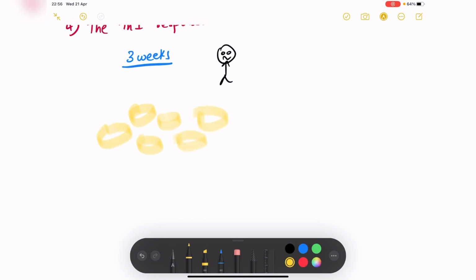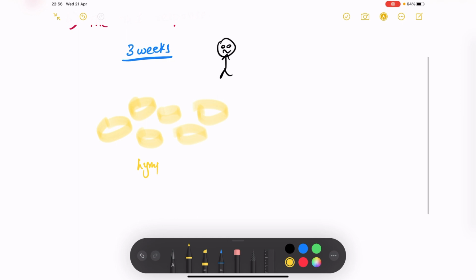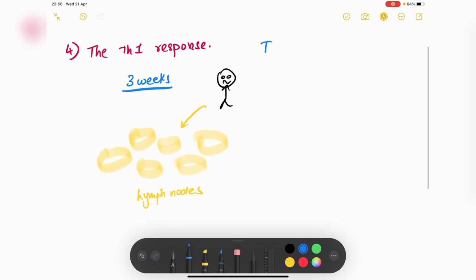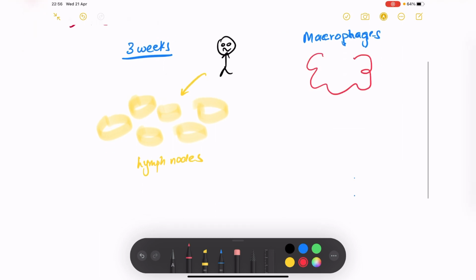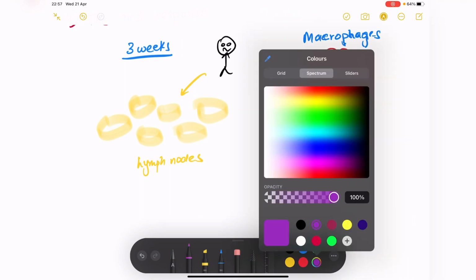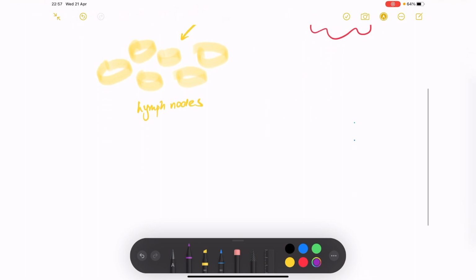These are lymph nodes. So basically what happens in this step is, the T helper cells activate the macrophages. These are baby macrophages. Yeah, these are the macrophages. Let's draw them first.